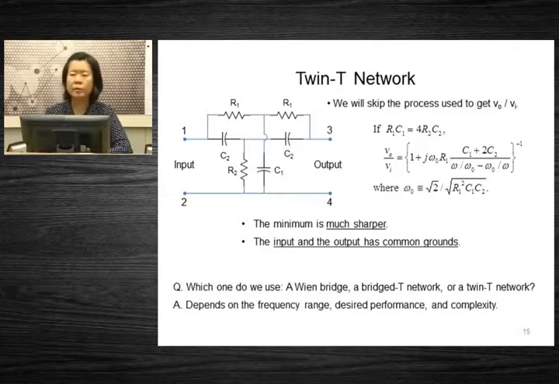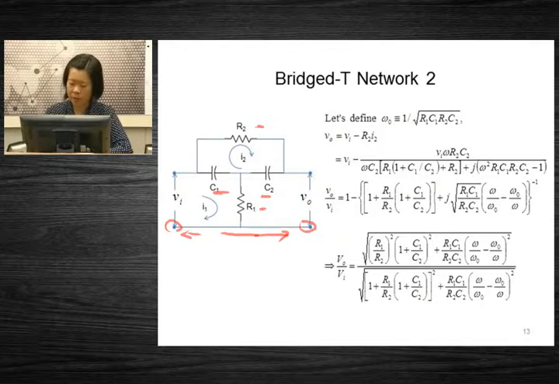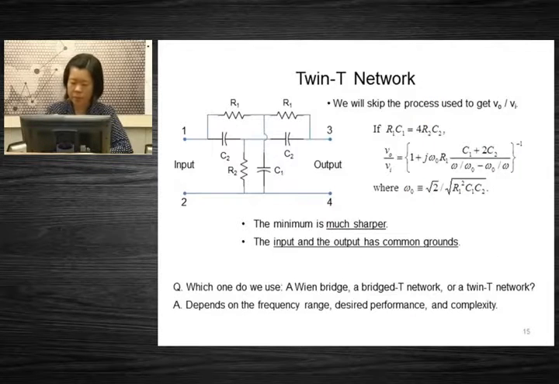Let's go to another example. This is called the twin T network. Since the calculation of complex numbers becomes more and more complicated, let's skip the process.